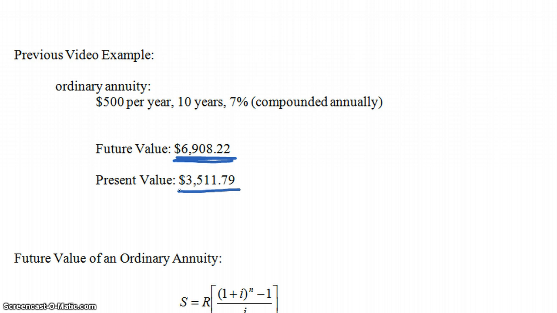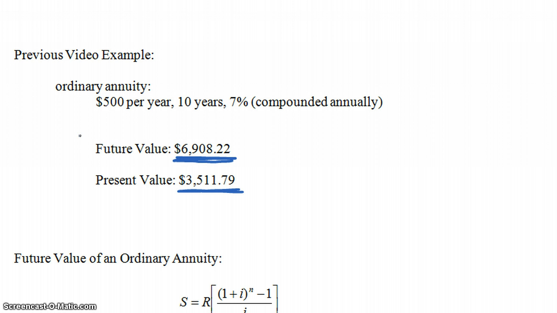It turns out that you'd have to put in this much, $3,511.79. That's the present value of the annuity. If you put in $3,511.79 just as one lump sum payment and you got 7% interest compounded annually, at the end of 10 years you would have this $6,908.22.